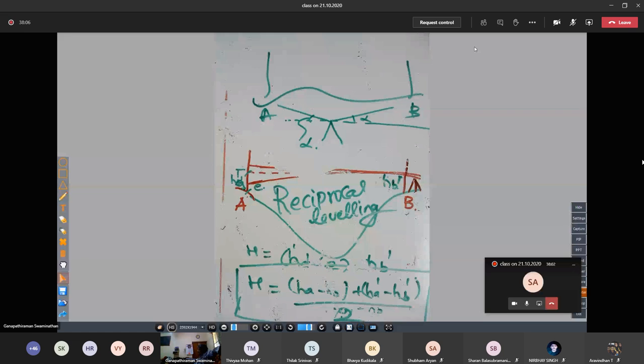Okay. So in leveling, what have we seen so far? What is a level? How do you do a temporary adjustment? How do you go about and do a permanent adjustment? How will you set out a level? And you can find out the elevation of different points, booking of a level. What is the first reading in a level field book?